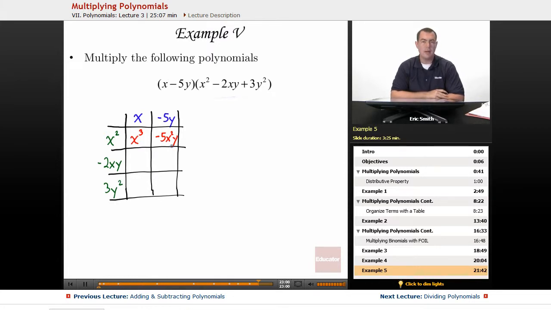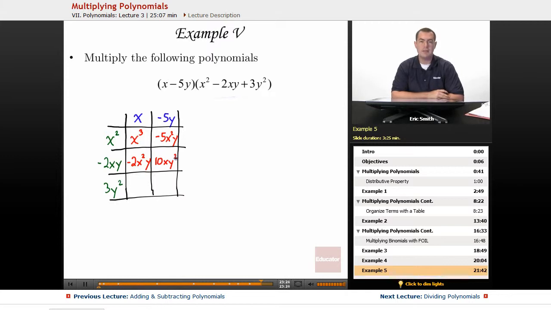Negative 2xy times x. Well, the x's, we can put those together as an x squared and then a y. And then the last part here, negative 2xy times a minus 5y. Let's put the y's together. So negative 2 times negative 5, positive 10xy squared. Very nice.